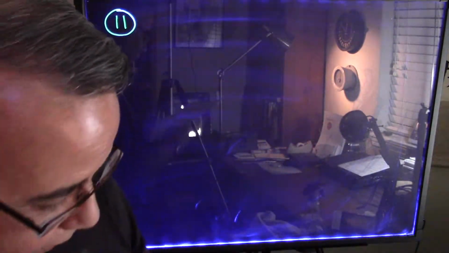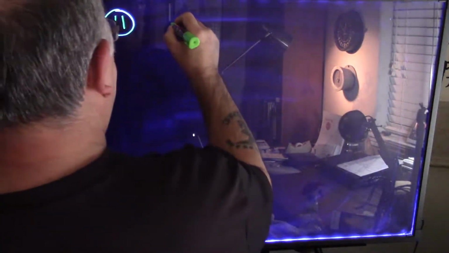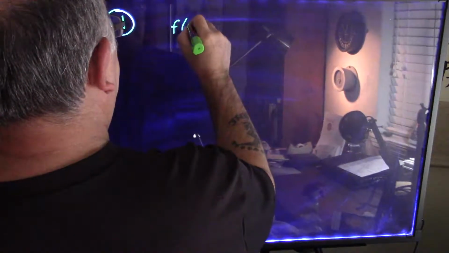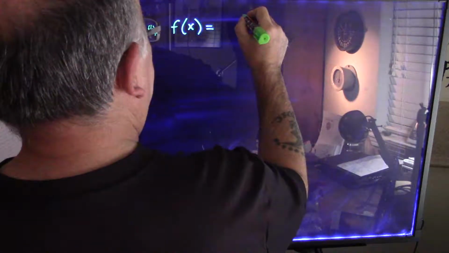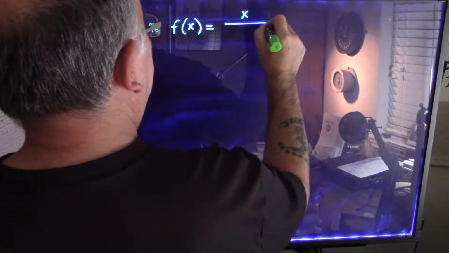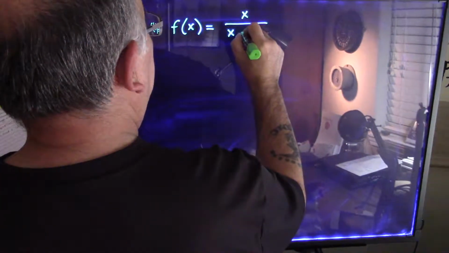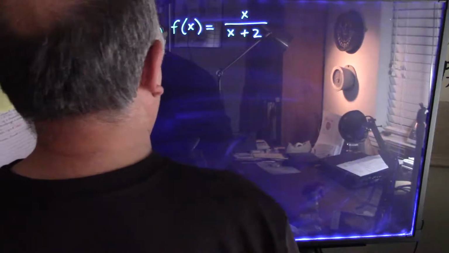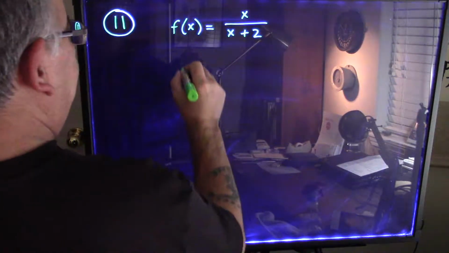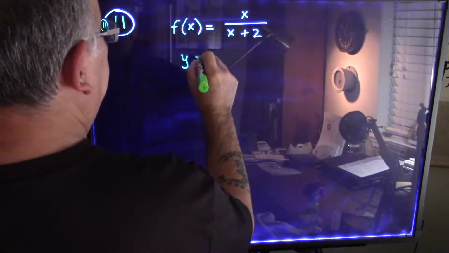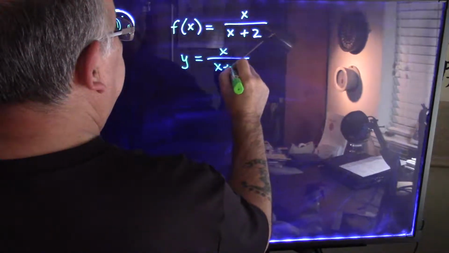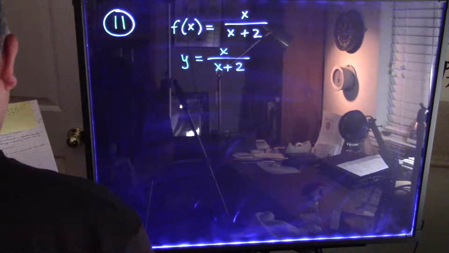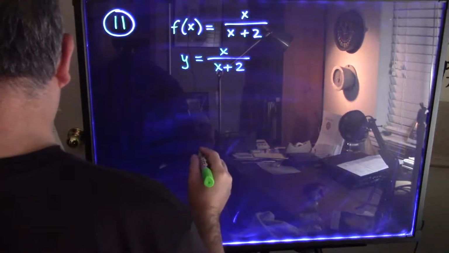Number 11. We have f of x equals x over x plus 2. Alright, so you write y instead of f of x, and then you interchange the x's and the y's.